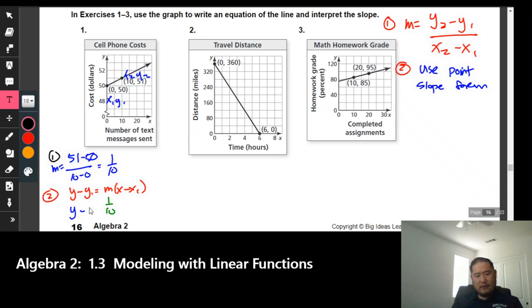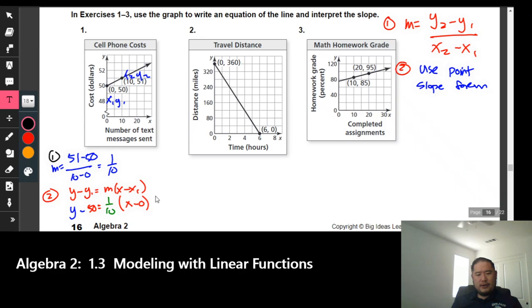Because right here we have y minus 50, and that's equal to, and then we'll put parentheses 1/10, times x minus 0. And you really don't have to do any work with x minus 0, right? x minus 0 is going to be x. So knowing that, that's why I chose that point as opposed to 10 and 51. However, you will get the same answer either way as long as you do the work correctly.